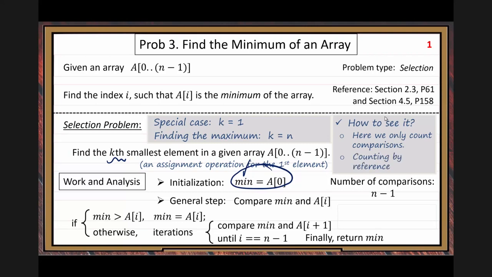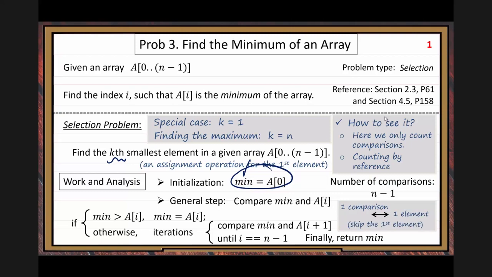By reference, because for the first one there is no one-to-one correspondence, but after the first one, there is one-to-one correspondence. So that's another application of this counting by reference method.